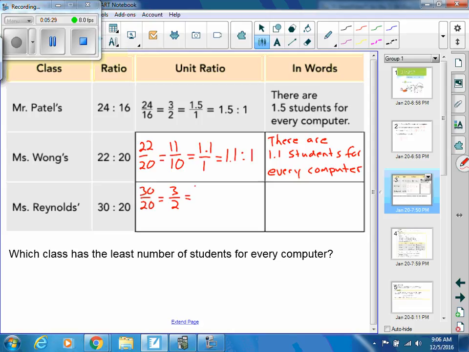So I know that my unit ratio is going to be 1.5 over 1. So that's 1.5 colon 1. Now what does that mean in words? It means there are 1.5 students for every computer.